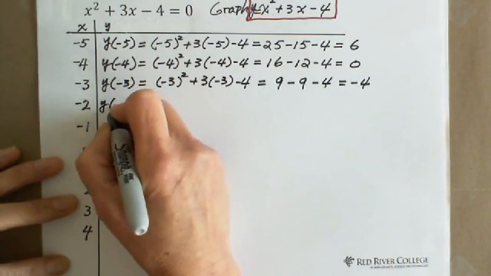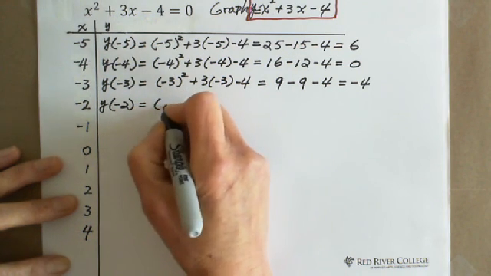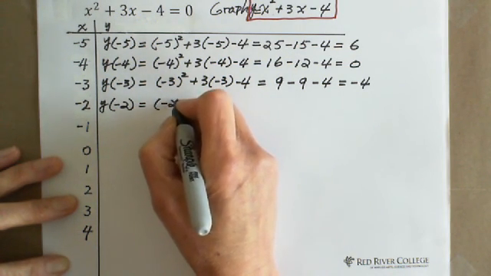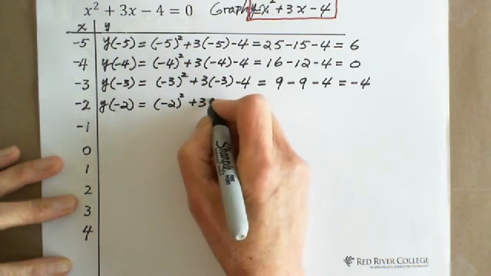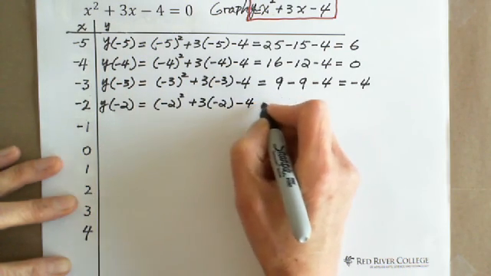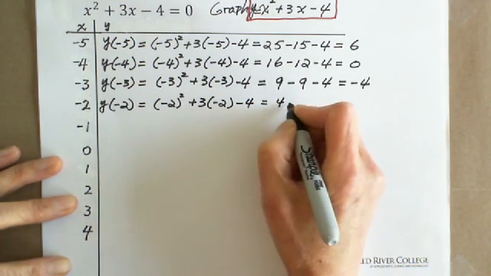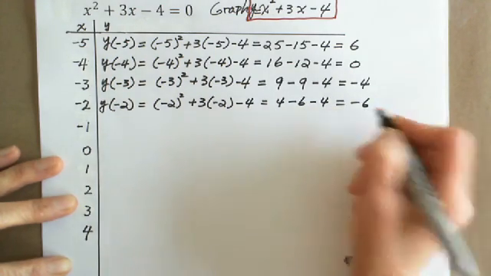And looking for the y value when x equals -2, same thing, we plug the number into the expression. We have 4 minus 6 minus 4, which is -6.